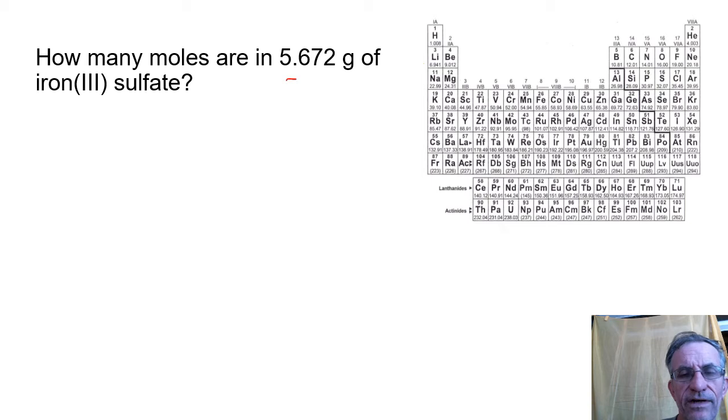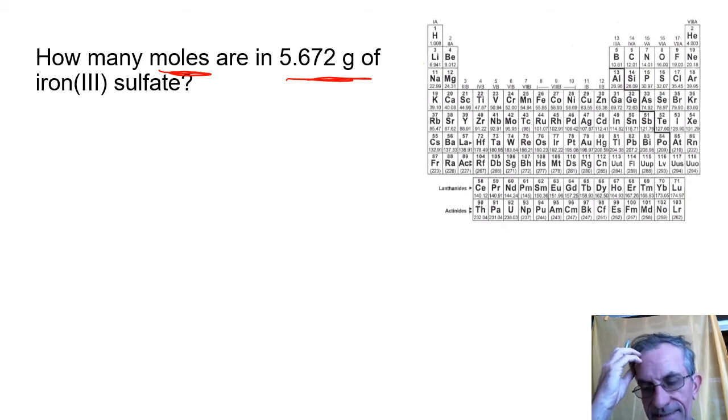They're giving us grams. They're wanting us to solve for moles. So are you going to be using the periodic table, or are you going to be using Avogadro's number? What do you think? Oh, I hope you know it's the periodic table. So the periodic table is going to help us go from grams to moles.